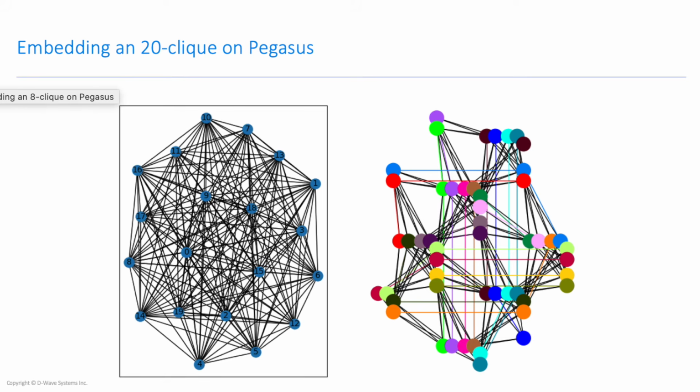In this case, Pegasus uses about half the number of qubits. The chain length drops. This is going to lead to much better problem solving. So it's going to be very exciting when Advantage becomes available to see problems embed onto Pegasus with much shorter chains, and we expect the performance to be much greater, much better as a result.